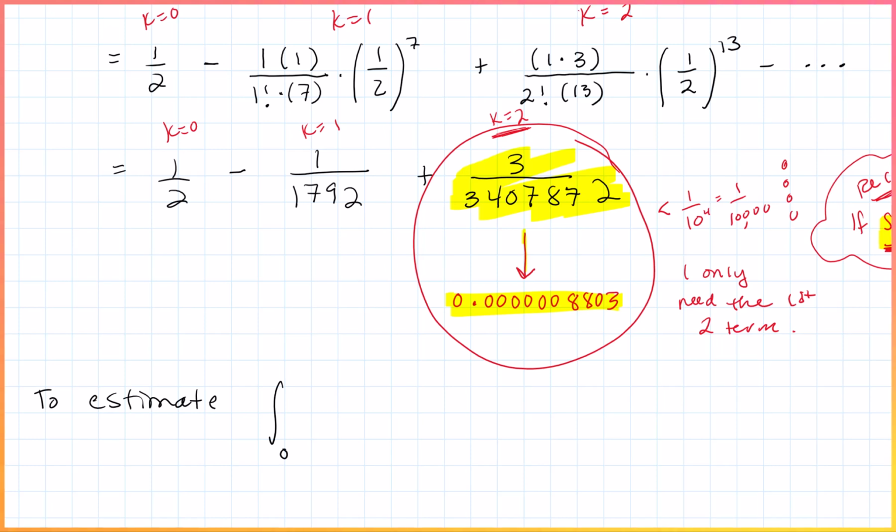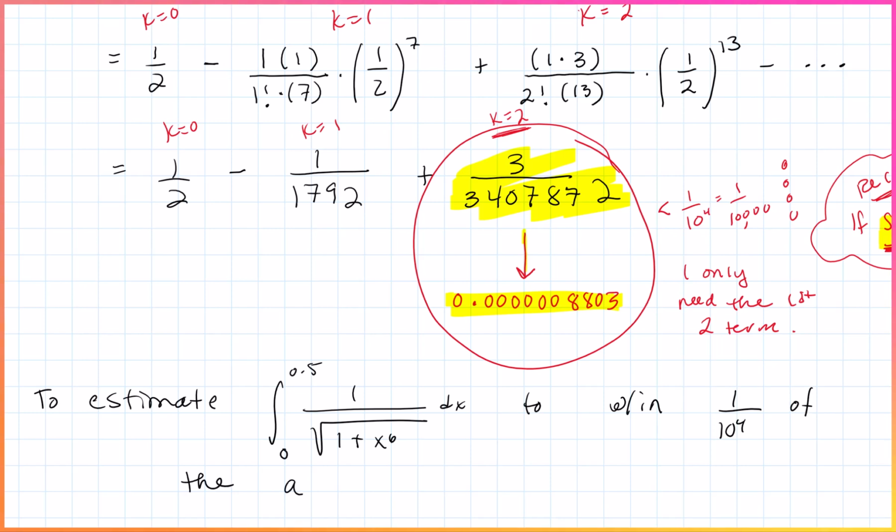So to estimate this integral from 0 to 0.5 of 1 over the square root of 1 plus x to the 6th dx to within 1 over 10 to the 4th of the actual value, we only need to use the first 2 terms.